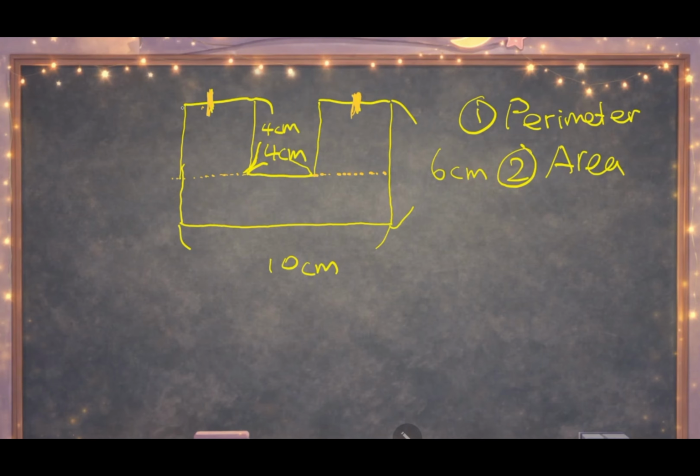Again, we will look at the vertical sides separate to its horizontal sides. Let's have a look at the vertical sides first. We know that the total height of this shape is 6 centimeters.